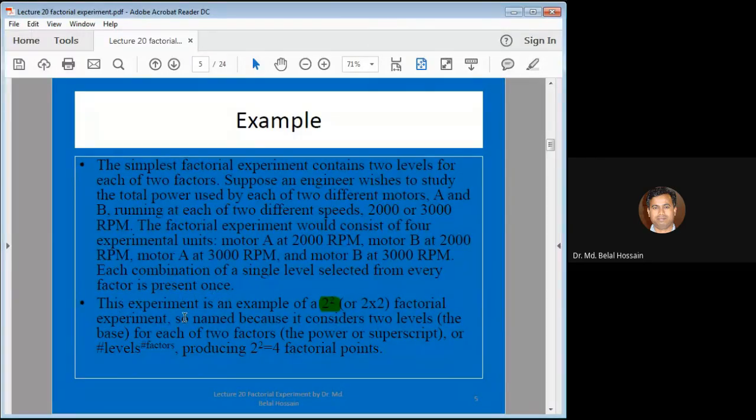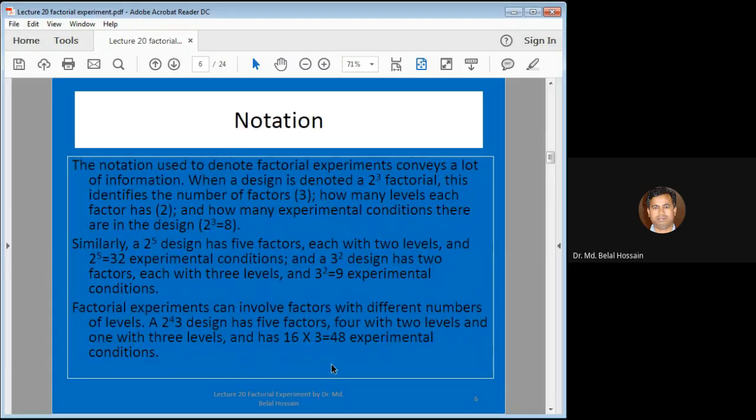This experiment is an example of a 2 by 2 or 2 to the power 2 factorial experiment, so named because it considers 2 levels, the base, for each of the 2 factors, that is the power of the superscript. So you will understand the levels to the power factor, okay? So that it has 2 to the power 2 means 4 factorial points.